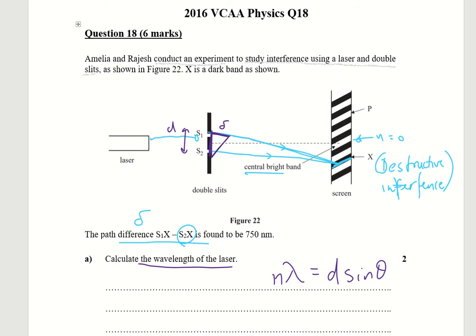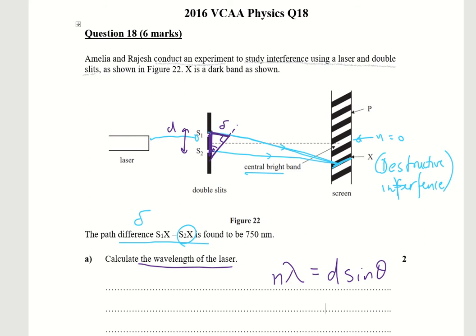Now we know what d is. It's this length here. This we're going to call angle theta. If we draw an imaginary line from the first light wave, a normal line down to the second wave, it's going to form a right angle triangle.